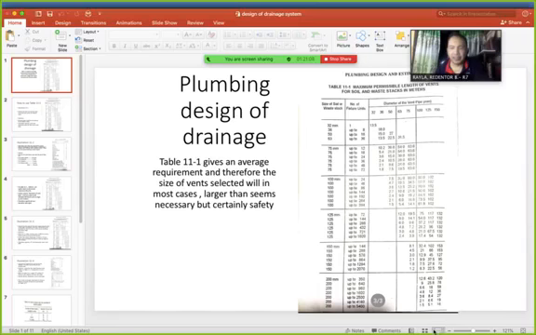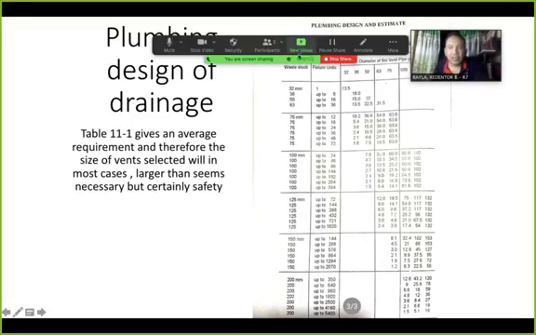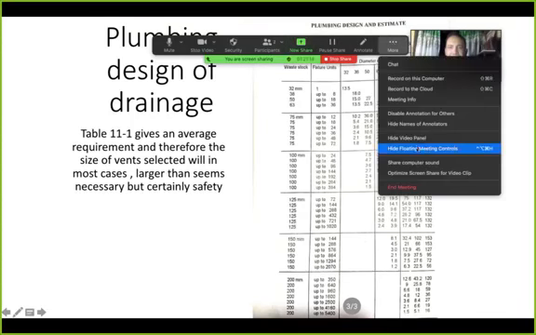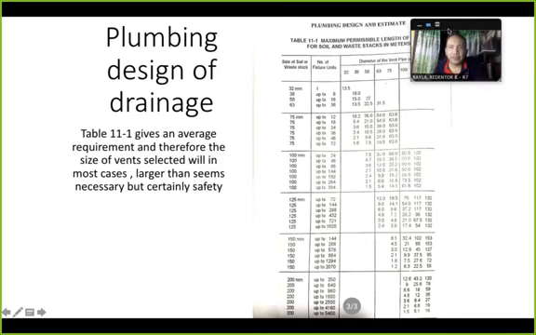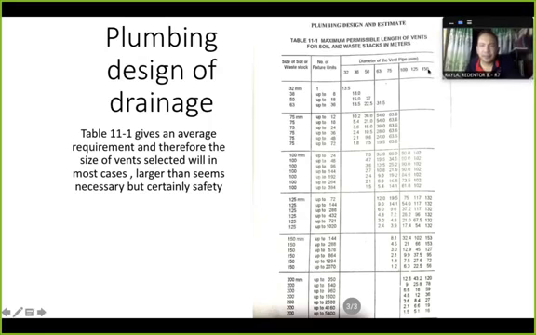So I will illustrate this. So for example, you have here in the table this one is a maximum permissible length of vents for soil and waste stack in meter.